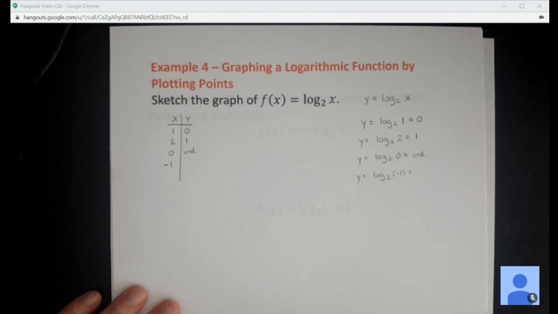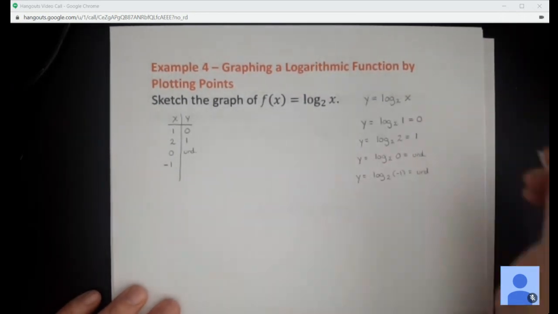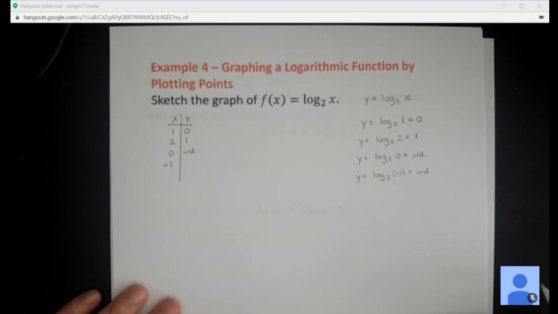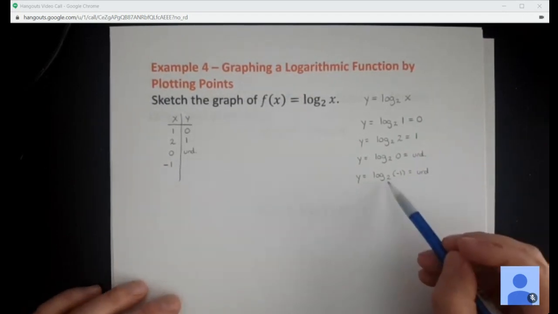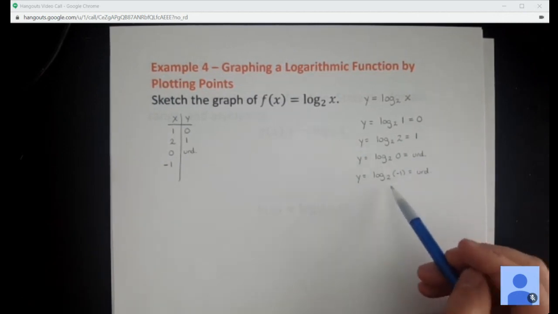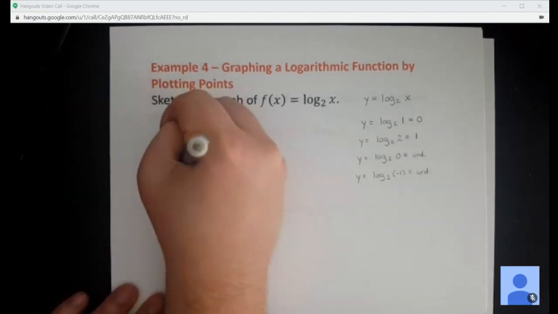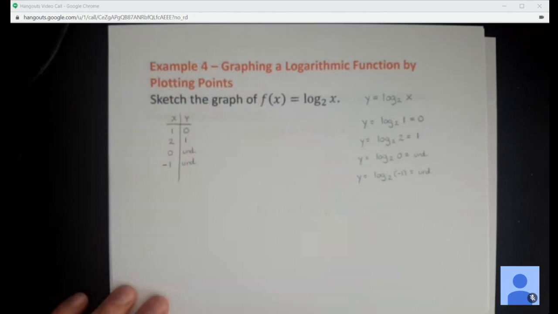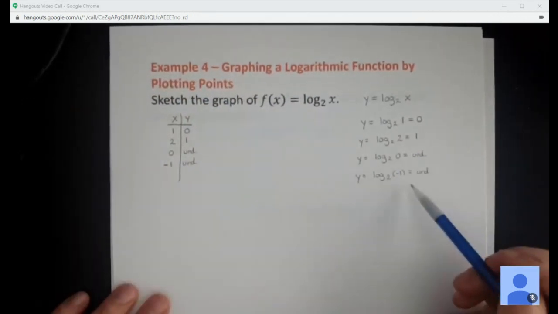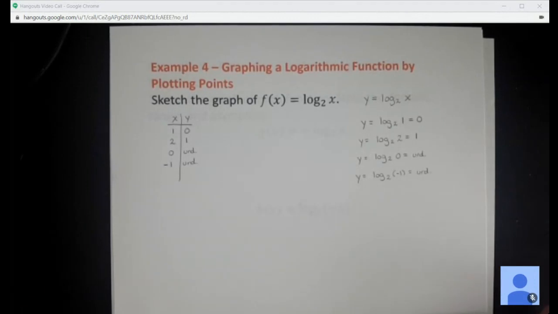In this case, it's going to be just like the 0. It's going to be undefined, because 2 to any power, even if I make the exponent negative, is just going to give me fractions, because I move that 2 to the denominator. There's nothing that I can raise 2 to that gives me a negative. So if I choose -2 or -3 or any other negative value, it's going to be the same thing.